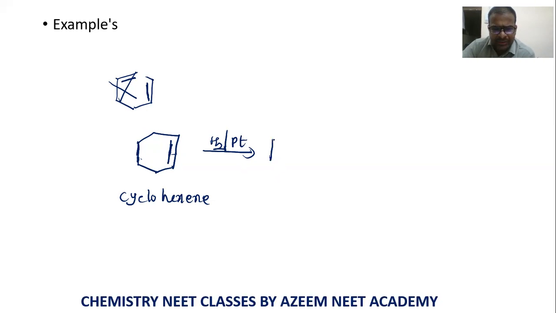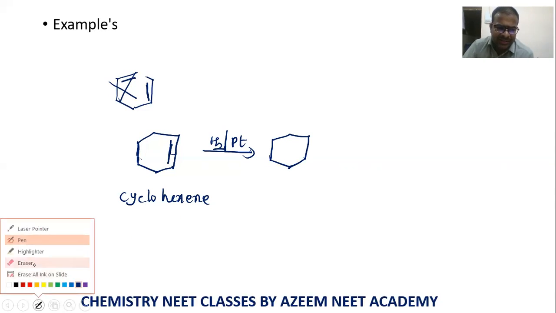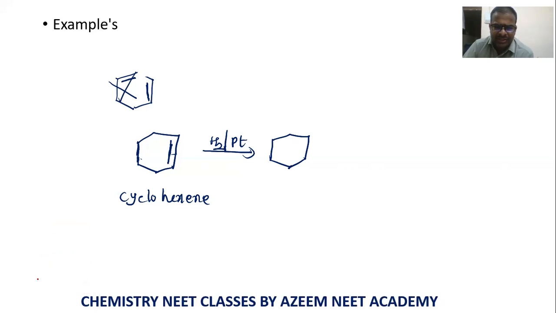what I told you over here that we need to remember is that it is an addition reaction. In that addition reaction, what actually will happen? Formation of bonds. One bond will be broken. This pi bond will be broken, and formation of 2 more bonds will occur. What kind of bonds are those?